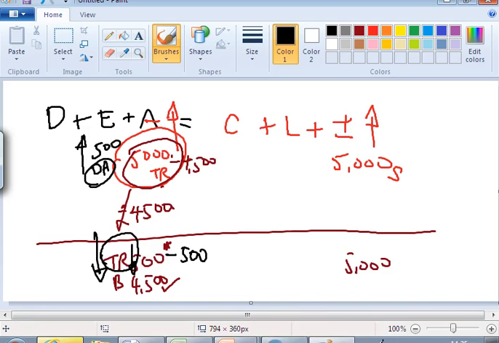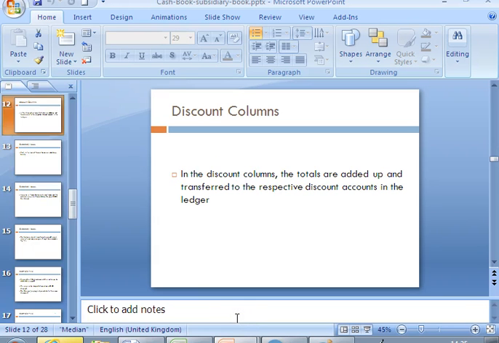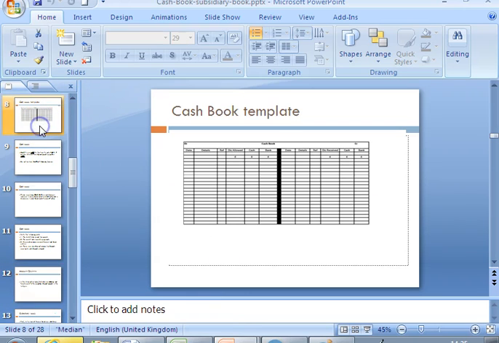But the cash book, really, let's go back to that PowerPoint. You can see here that in your cash book, when you receive the money, for example, Jack Jones, you only put the actual money you receive in the bank column.